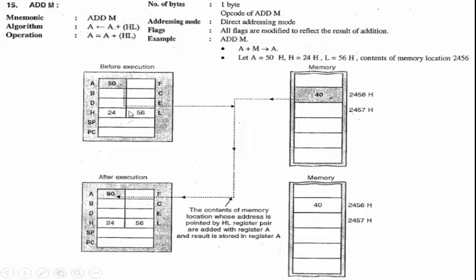So the HL pointed content, that is the memory location 2456 hex content, gets added with the accumulator. In memory at location 2456, 40 hex is available. Then this 50 hex gets added with 40 hex. After execution of ADD M, in the accumulator you will get the addition result, that is 90 hex. The HL register content and the memory location contents are maintained as they are, and flag bits get modified after the execution to reflect the addition result.